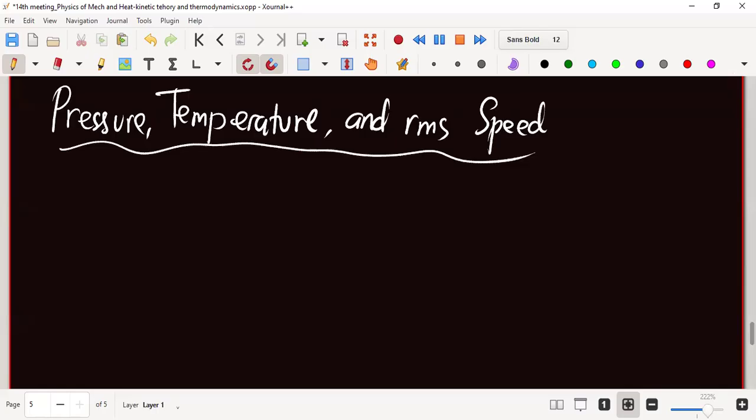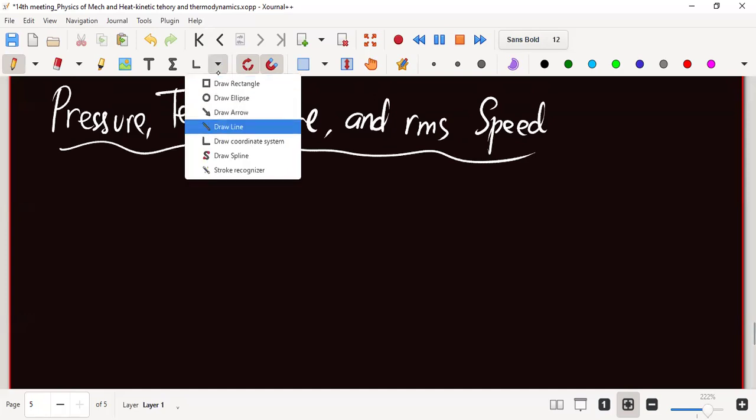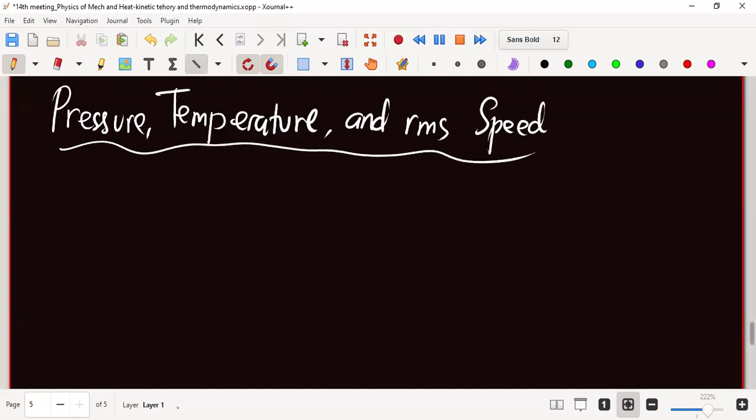Okay, we can consider this condition in a box. For example, we have three-dimensional coordinates, and there is a box in these coordinates.